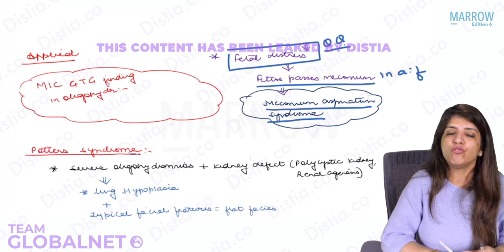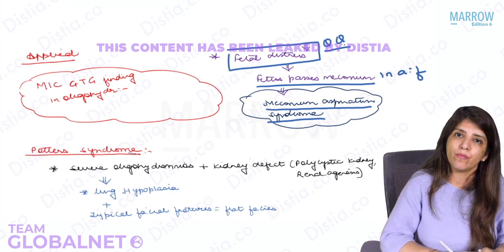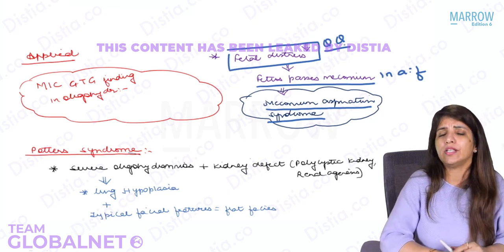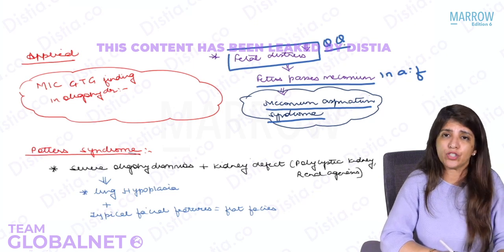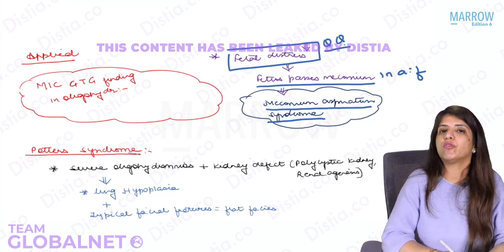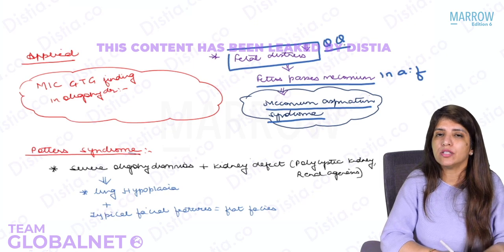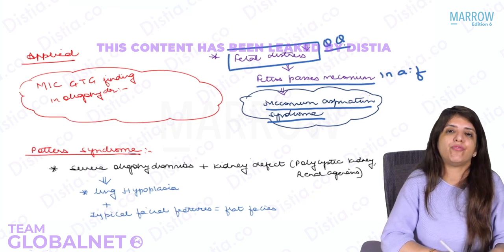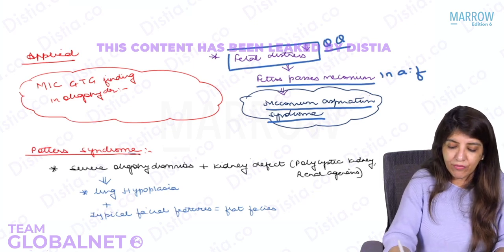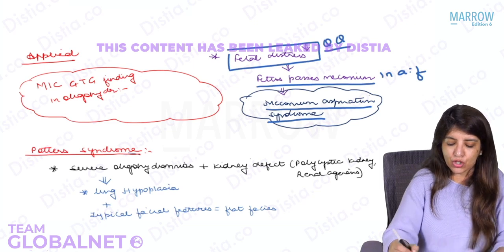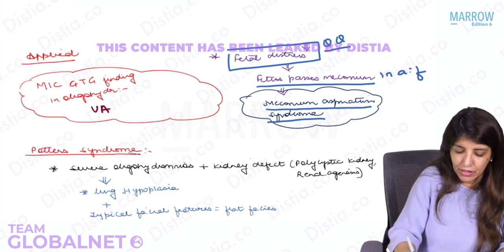Now, although I have not taught you CTG just now, if you know anything about CTG, tell me just one question. Whenever the cord of the baby gets compressed, what is the most common CTG finding which you get? So whenever the cord of the baby gets compressed, you get variable decelerations.